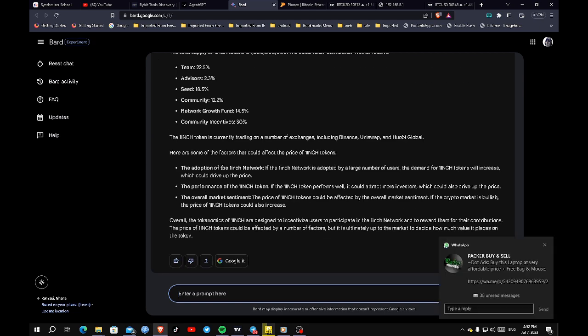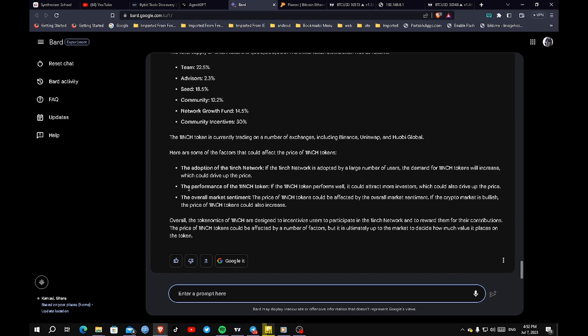It also lists the factors that can affect the price of 1inch tokens: the adoption of the 1inch network, the performance of the 1inch token, and overall market sentiment. You can also look at other stuff like security and scalability, market sentiment, and technical analysis.